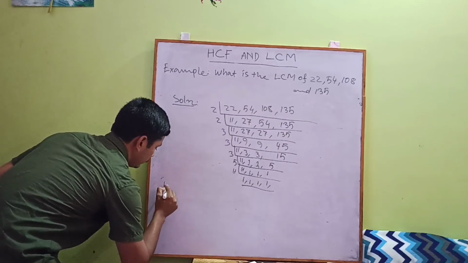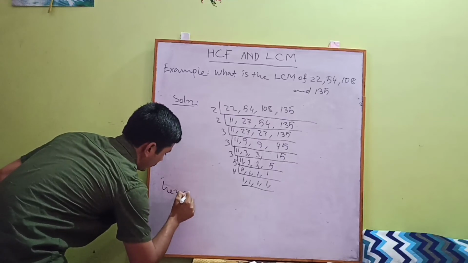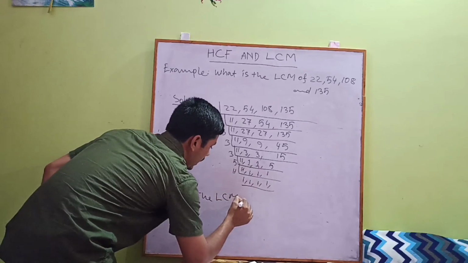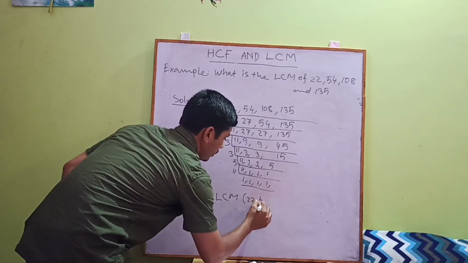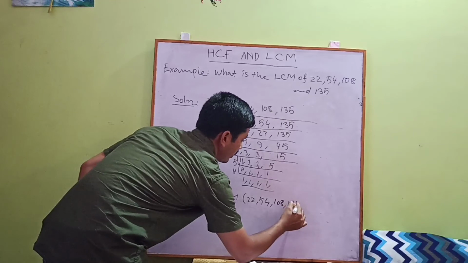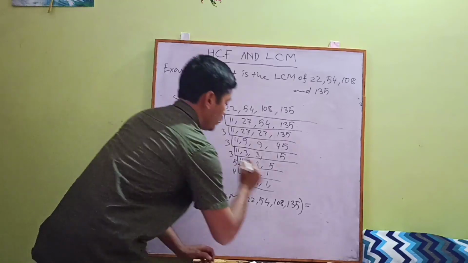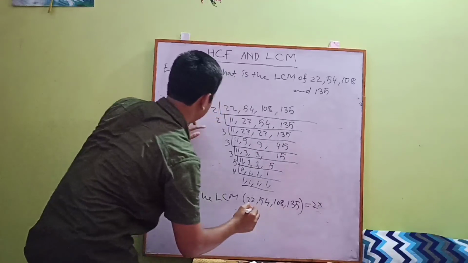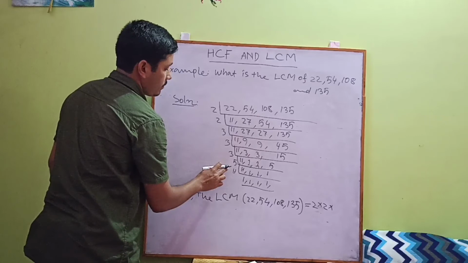Look, hence the LCM of 22, 54, 108, 135 is equal to, we need to multiply these factors. Okay, look: 2 into 2 into 3 into 3 into 3 into 5 into 11.